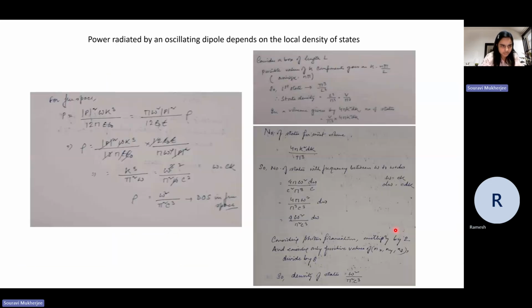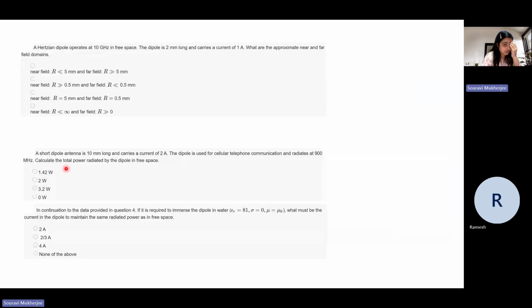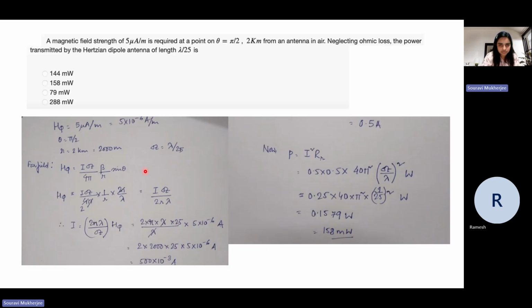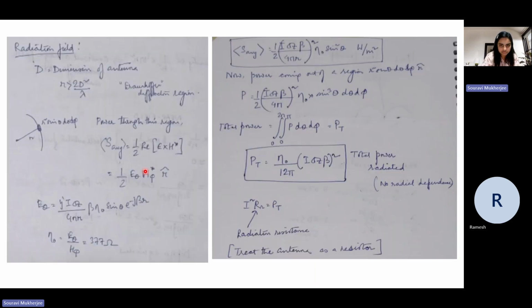Now there can also be questions like this, where the length of your dipole is given, the current is specified, and it is said that this is your frequency, and you're asked what is the power radiated by the dipole in free space. So now you know the relation for power.